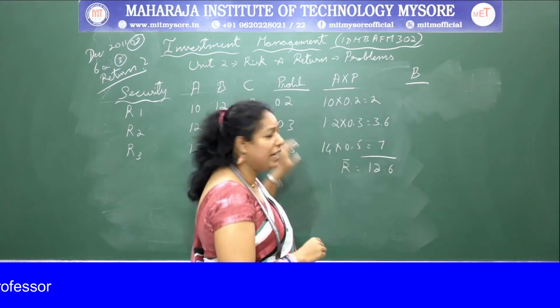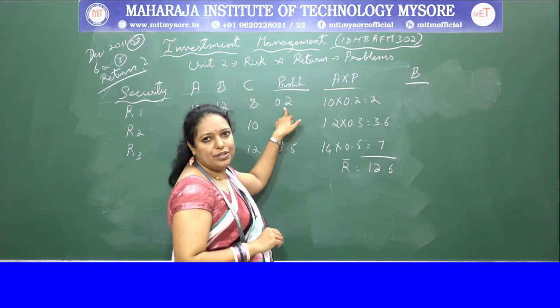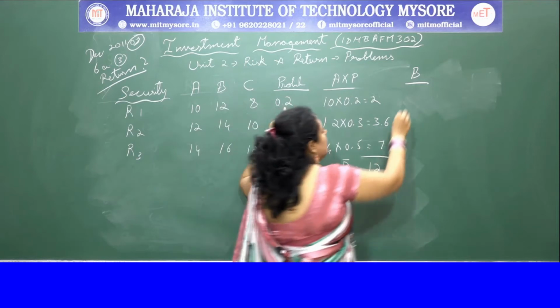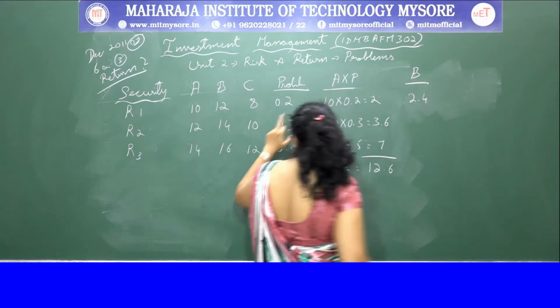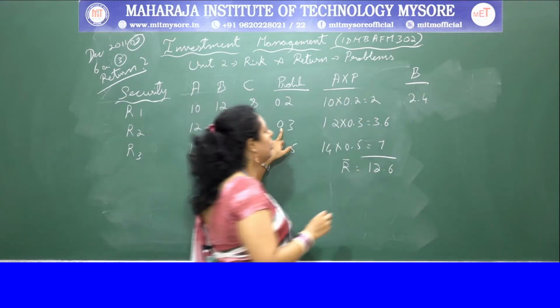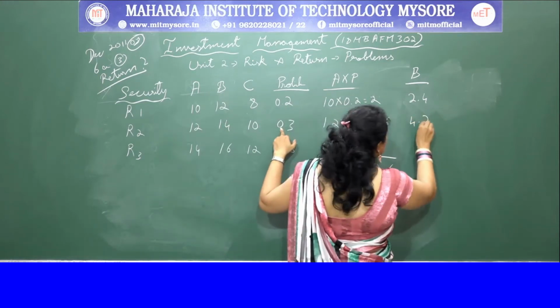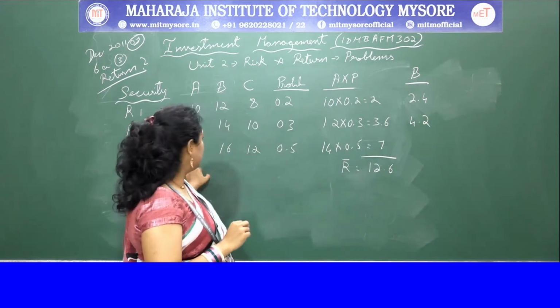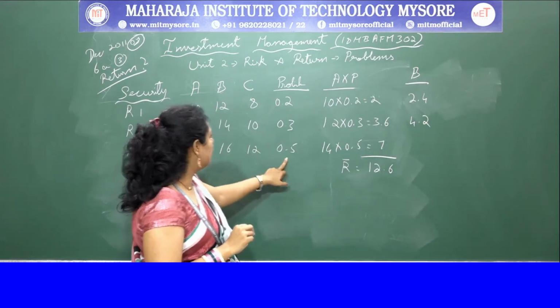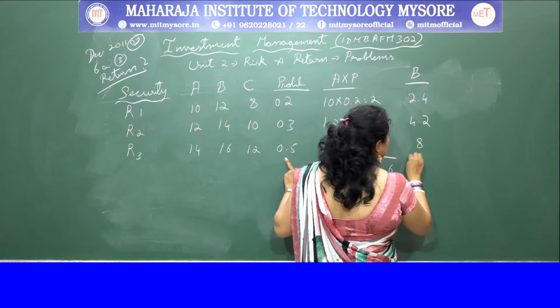So again, B, 12 into 0.2 you get is 2.4. Then 14 into 0.3, you get is 4.2. Then 16 into 0.5, half, you get is 8.